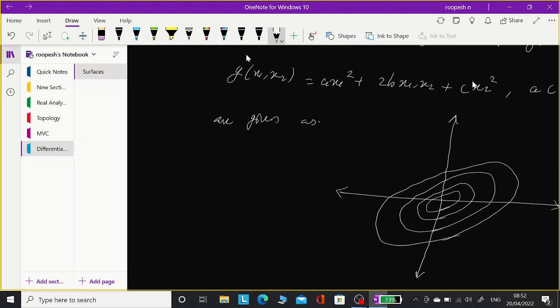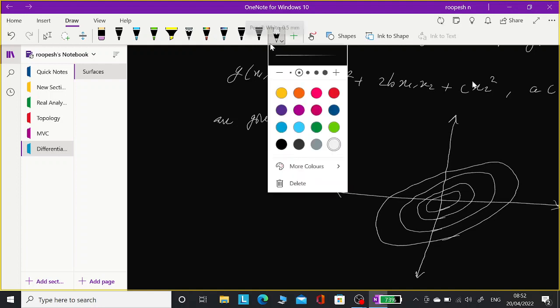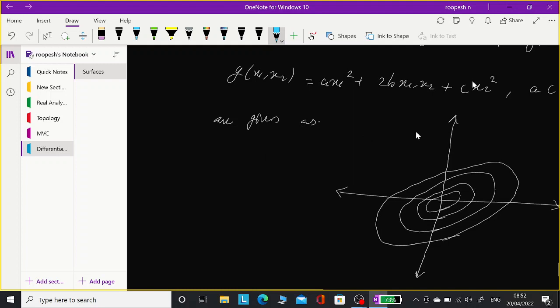So from this, we can consider a circle also. So that circle may come something like this.